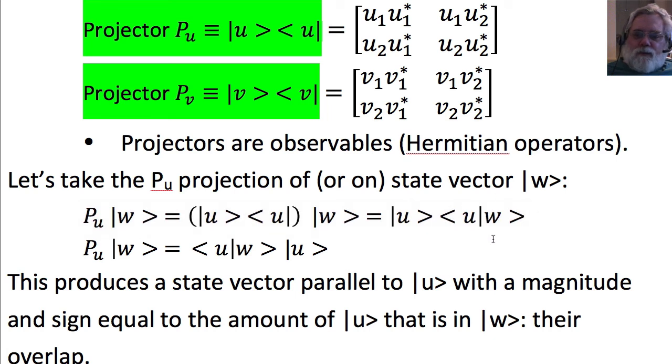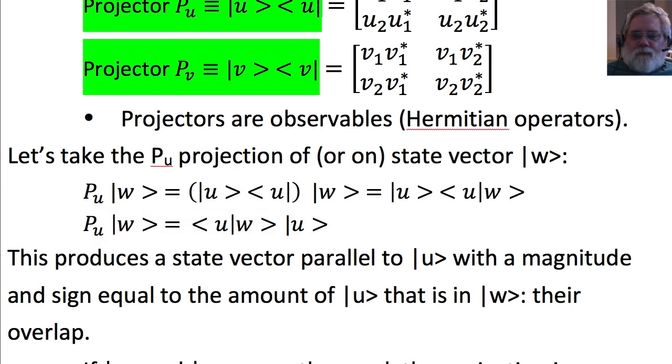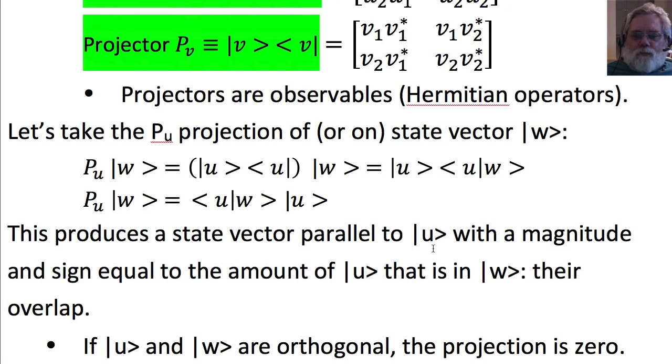And once we see that it's an inner product, it's just a number, and we could move the number to the left of the ket if we want. So we get this inner product, this number, times ket u. So this is a state vector parallel to ket u with a magnitude and sign equal to the amount of u that is in w, their overlap.